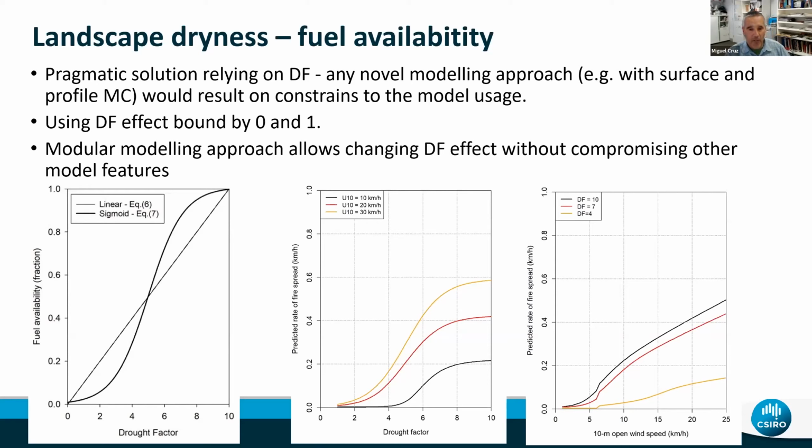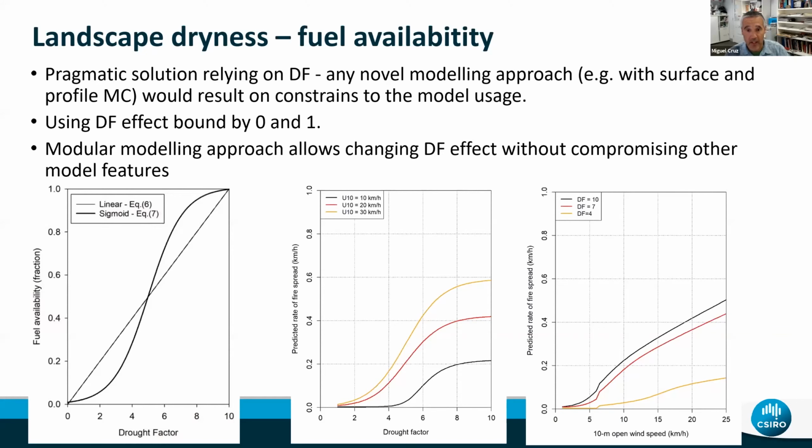In this graph on the bottom right, you see the impact of using the sigmoid curve instead of a linear curve. With a linear curve, the effect of drought factor would be quite evenly spaced, a linear effect. With the sigmoid, there's a higher effect of drought factor on fuel availability when you go to very low drought factors.